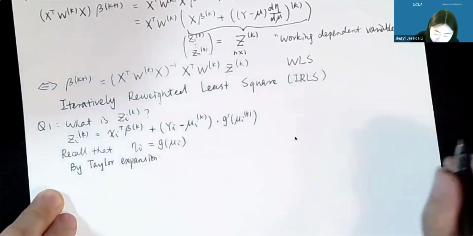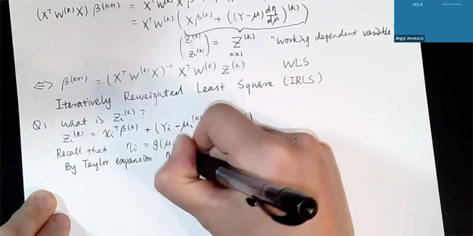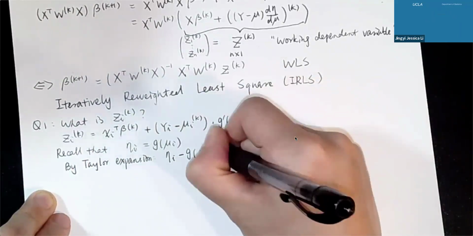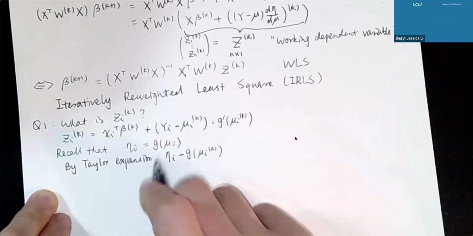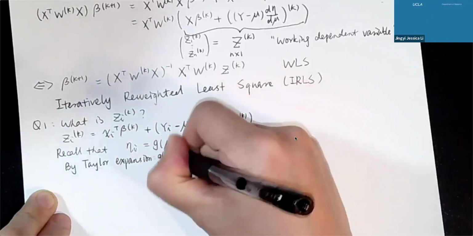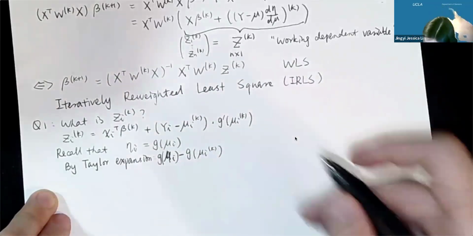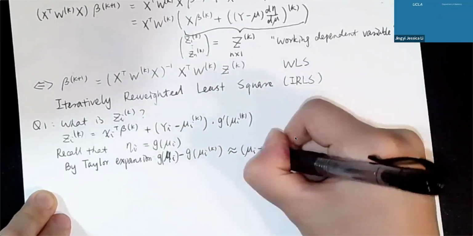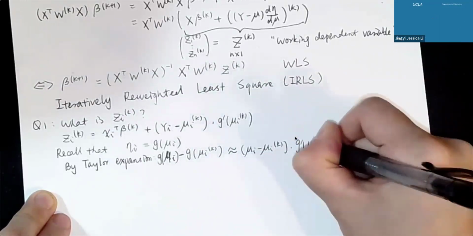what we can have is eta_i minus g at mu_i^k. Basically it's g(mu_i) minus g(mu_i^k). We do the Taylor expansion, first order. It can be approximated by mu_i minus mu_i^k times g prime of mu_i^k.